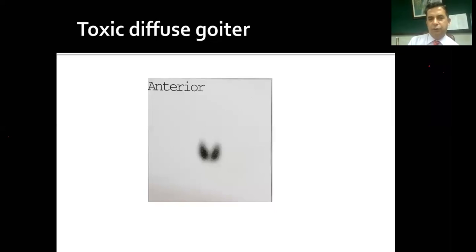So this is a diffusely toxic hyperthyroid gland. And you don't see any background activity. All of the activity has been concentrated by both lobes of the thyroid gland, and you don't see any submandibular or parotid activity, because whatever activity was given to the patient has been taken up by the thyroid gland.